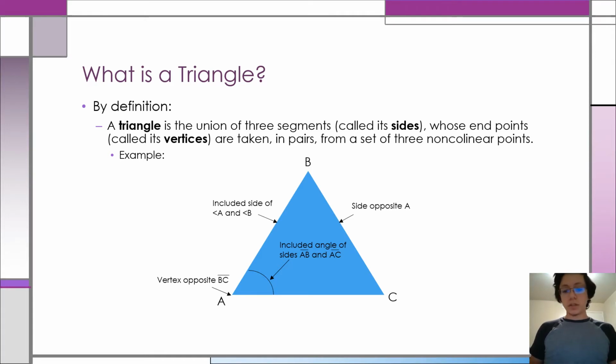And below, I've put here an example that shows triangle ABC with the vertices of A, B, C, sides AB, BC, and CA, or AC.